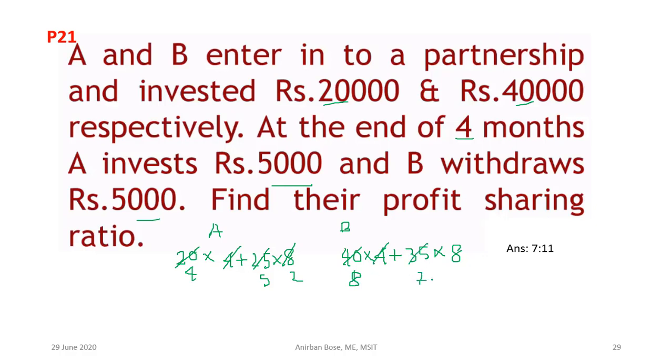Then what we are getting, again we can cancel 2, right? So it is 4, it is 2, that is 2, right? So 2 plus 5, here it is 7, and here it is 4 plus 7, which is 11. So the answer is 7:11.